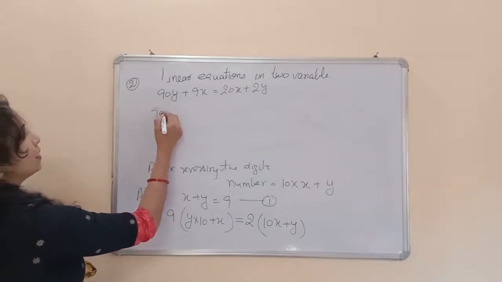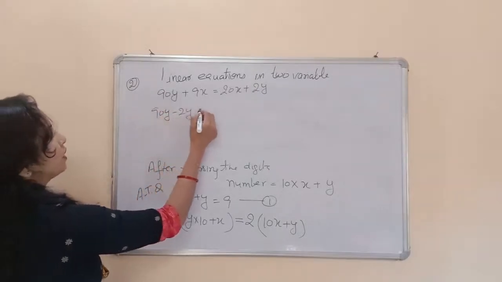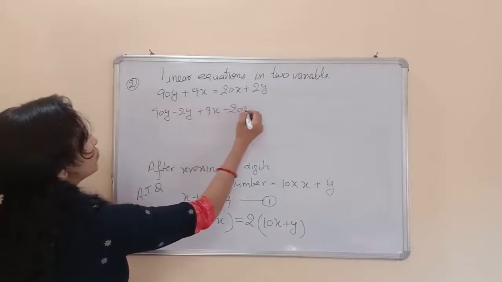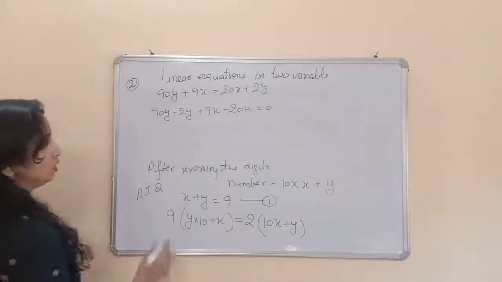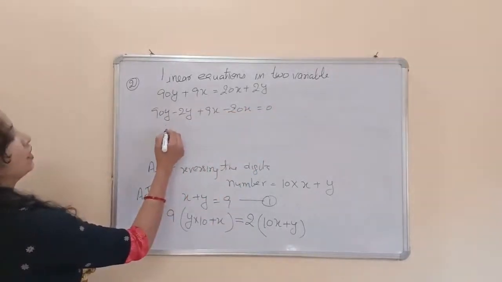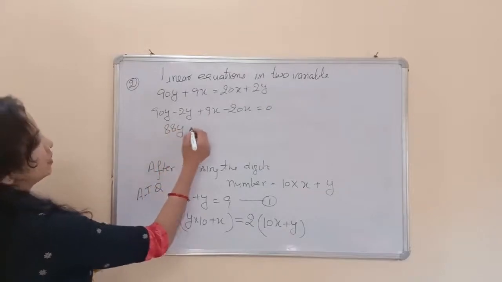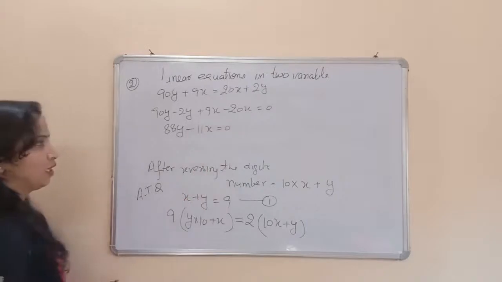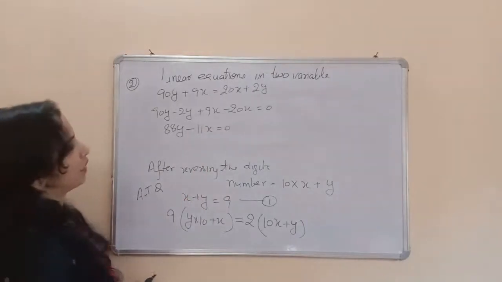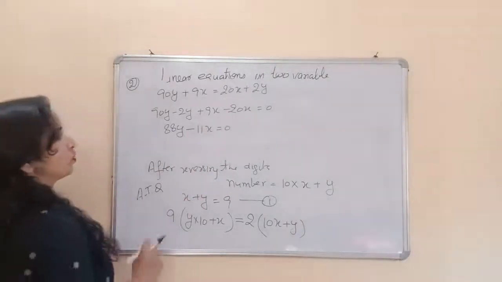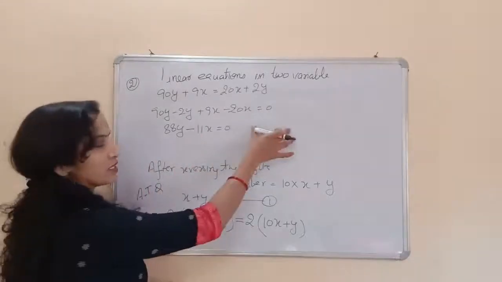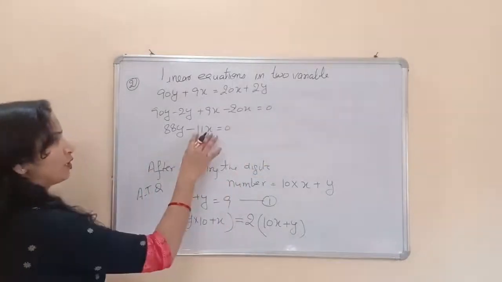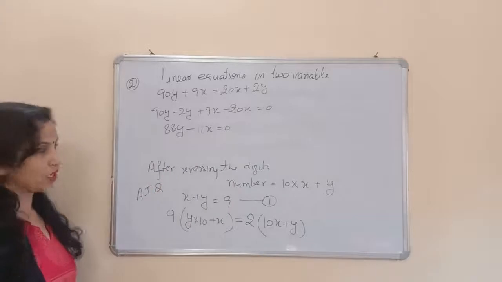So it will be 90y minus 2y plus 9x minus 20x is equal to 0. It will be 88y minus 11x is equal to 0. Or if you want to take x as a positive term, you can put all these values towards the right hand side so that it will become positive and it will become negative.